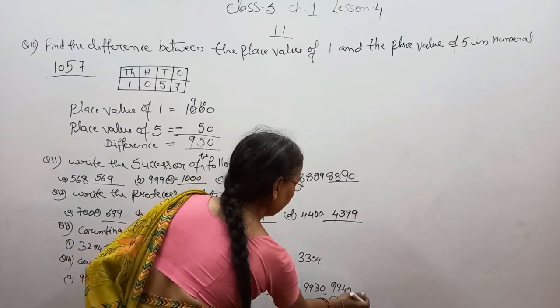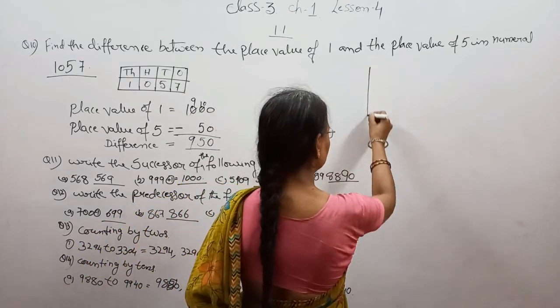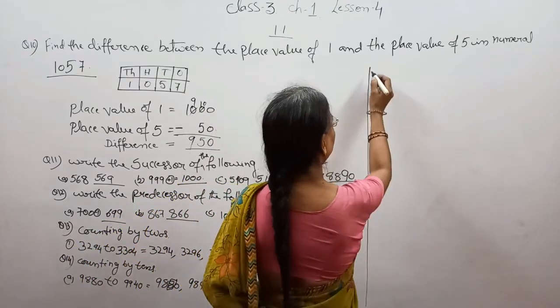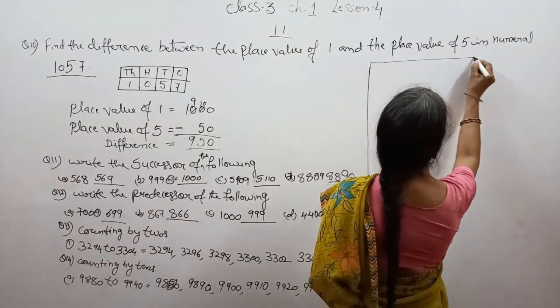Like this we have to write the numbers by skipping the numbers.